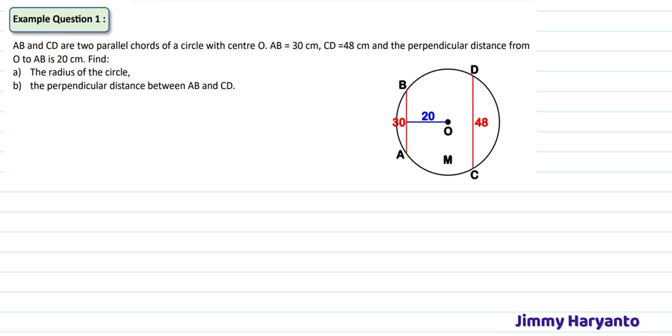Because the radius is not drawn in the image, let's draw it first like this. So we already know that this one is the radius. And then using the definition of chords, we do know that this 30 will be divided into two equal parts, which is 15, and then this one will be perpendicular.